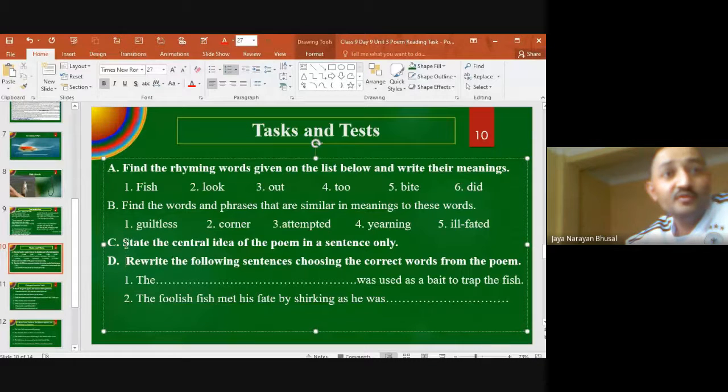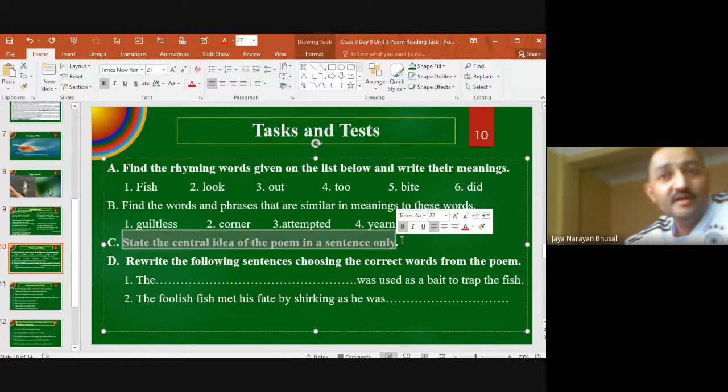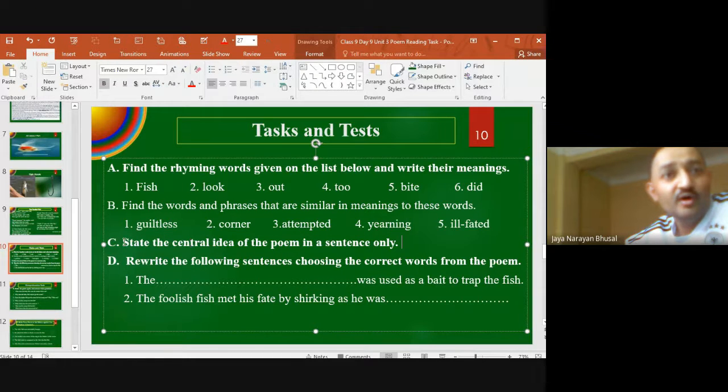Okay, so Anudit is right, you are not wrong. The central idea is what? We have to be obedient and observe the situations carefully before making any decisions, so that we don't fall into the traps.